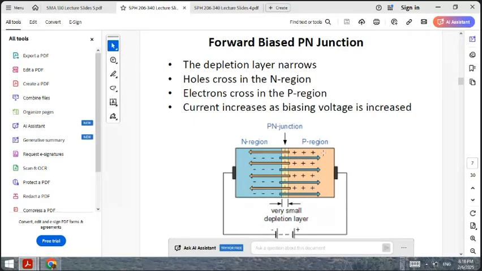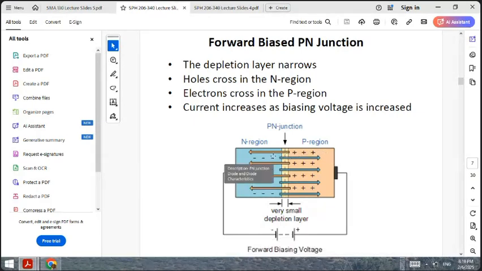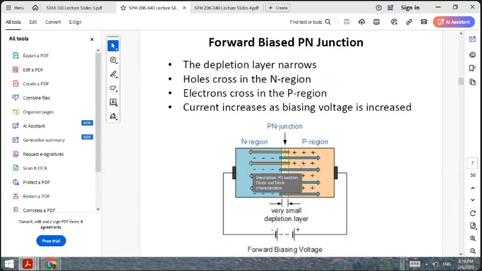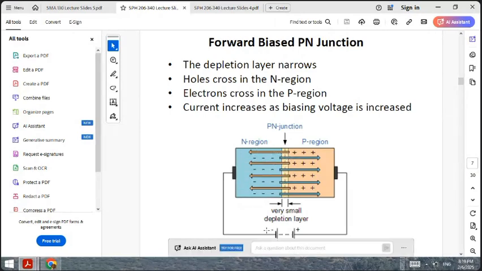So what is the situation? We have this positive side of the external source will push holes to go to this side. And this negative will push electrons to go to this side. And in effect, we have the depletion layer becoming very small in a way that the electrons can cross and the holes can cross.